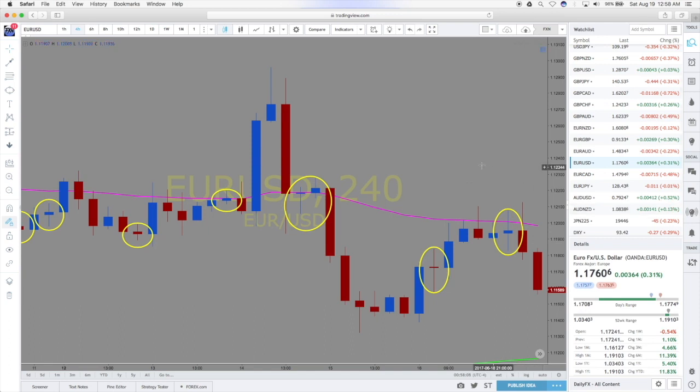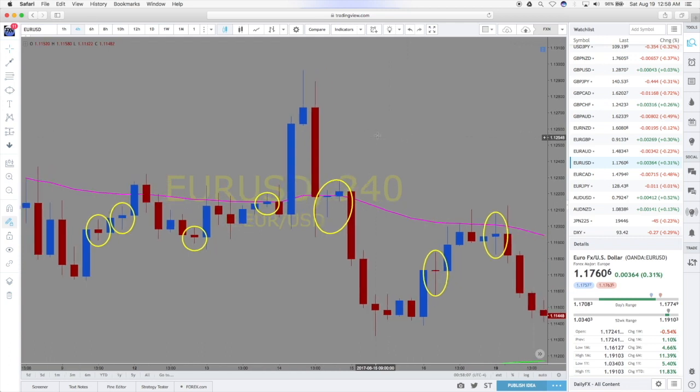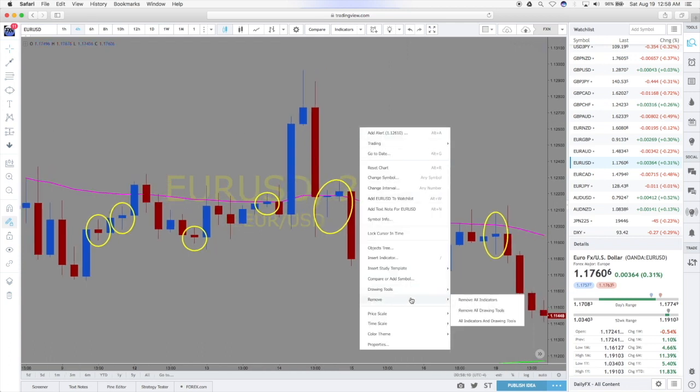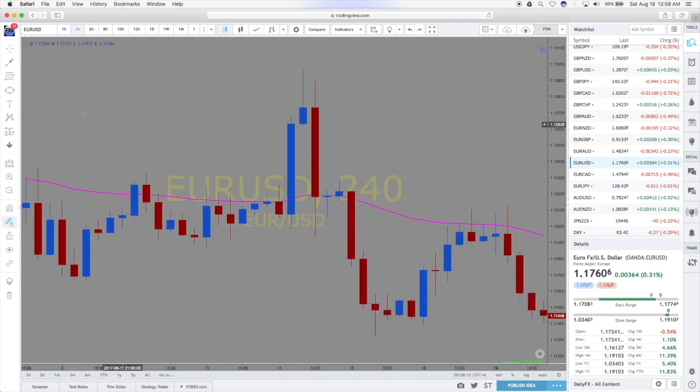You may be asking yourself, what's a pin bar? It's a great question. Let me show you what a pin bar is real quick, that way at least you know what I'm talking about here. So this right here is a pin bar. This candle right here is a pin bar.